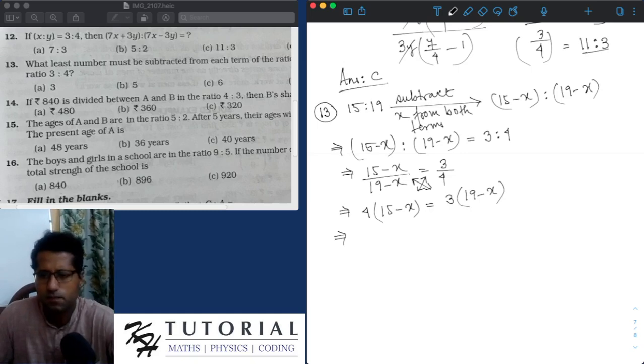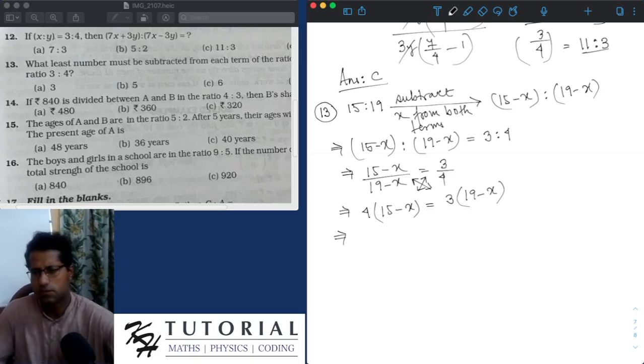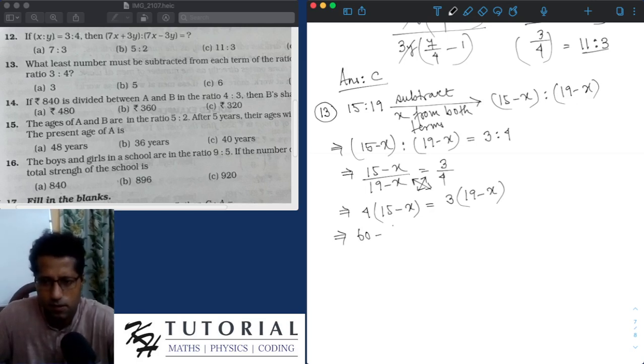If we open the brackets on both sides, we get 60 minus 4x equals 57 minus 3x. Now if we bring all the x terms to the left hand side and all the constants to the right hand side, we get minus 4x plus 3x equals 57 minus 60.